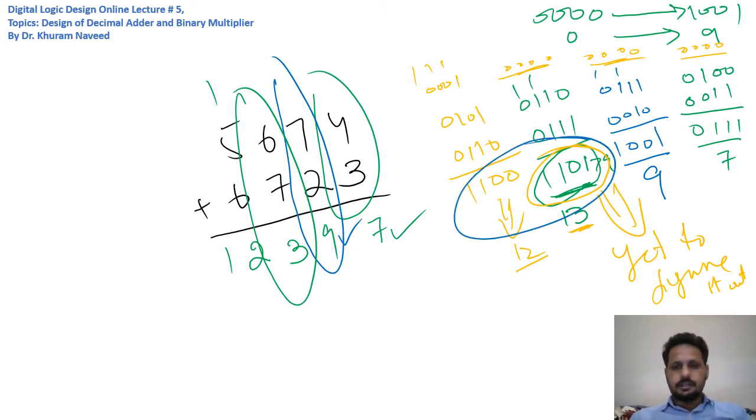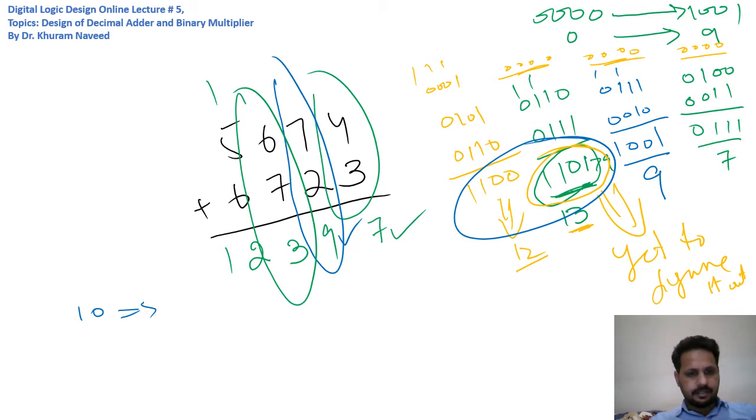We need to figure out a way to interpret 4-bit binary numbers which are greater than 9 and find a way to convert them into BCD. So in order to do that, let's see how the numbers greater than 9 are coded using BCD and binary.